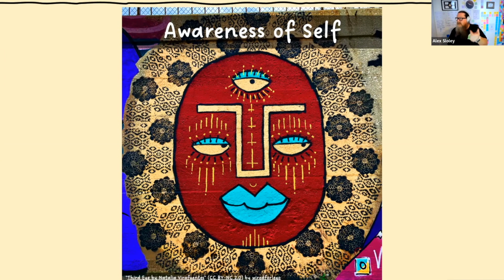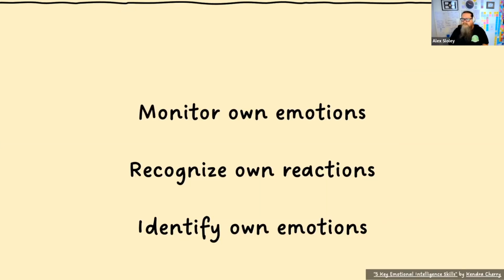It actually comes from EQ, or emotional intelligence. Awareness of self means that you're monitoring your own emotions. It means on a constant basis, you're monitoring internally what emotions you're feeling. And just like the coaching stance, it's something you get better at over time. Now, beyond monitoring your own emotions, it's recognizing your reactions.